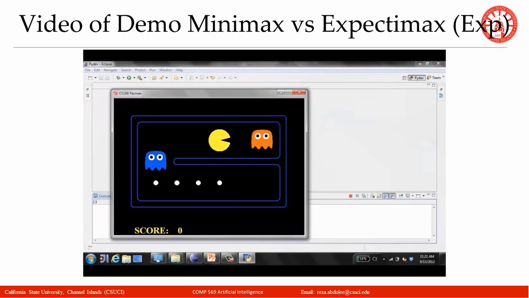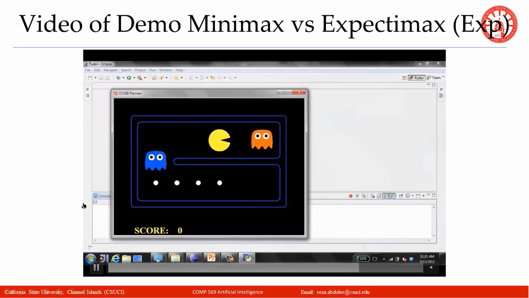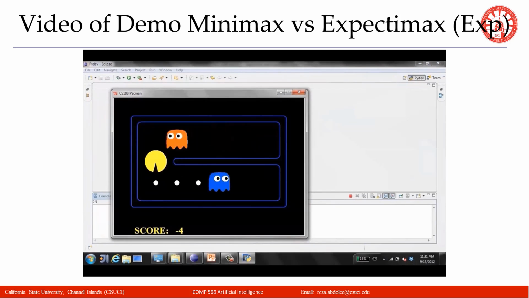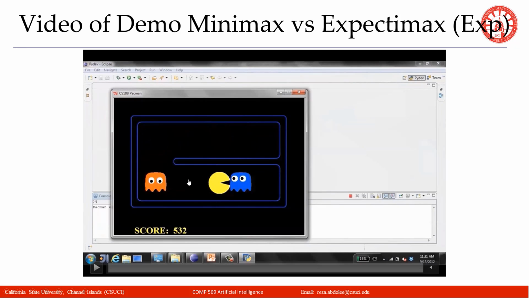There is some randomness, as mentioned. Since the adversary is not playing optimally, Pac-Man is able to score in this game and get all those food pellets.